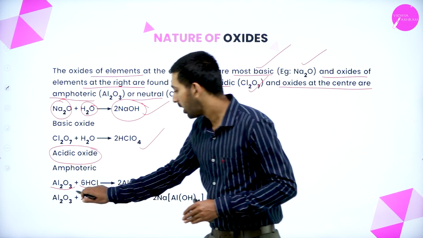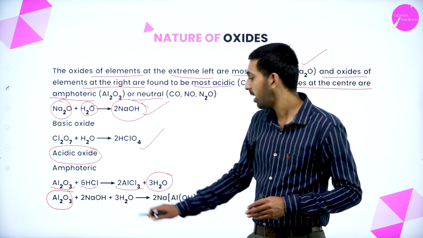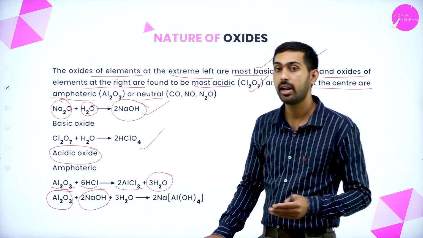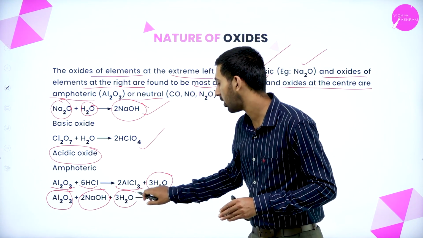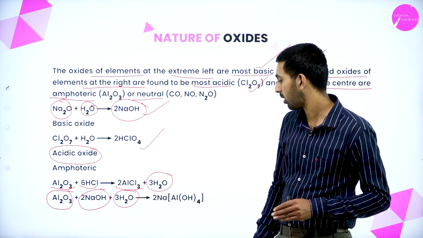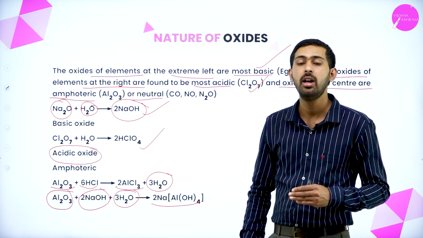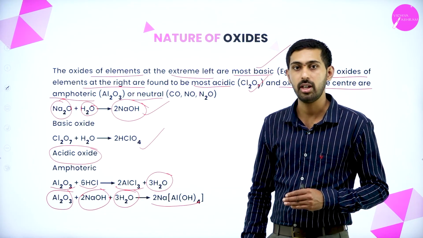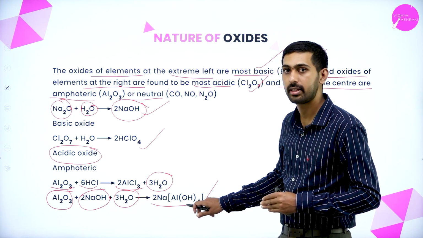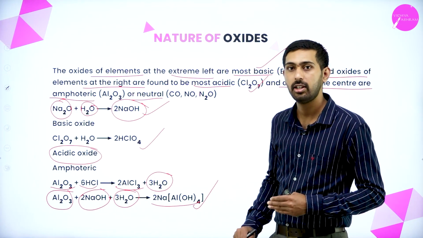Next you see here, Al2O3, aluminium oxide, reacts with sodium hydroxide in the presence of water to give sodium aluminate, sodium aluminium hydroxide. Here it forms a complex, so it is amphoteric in nature.